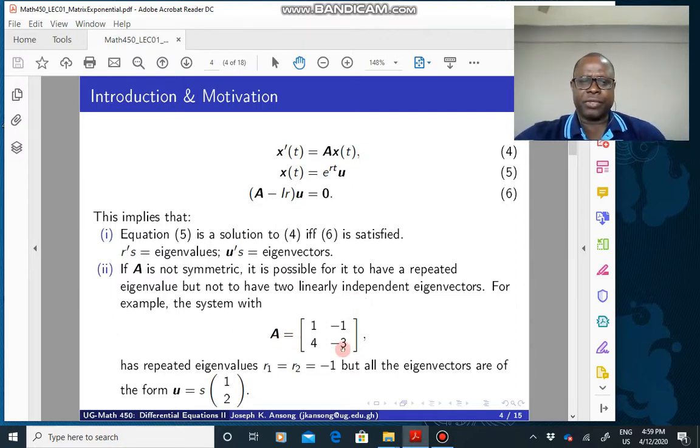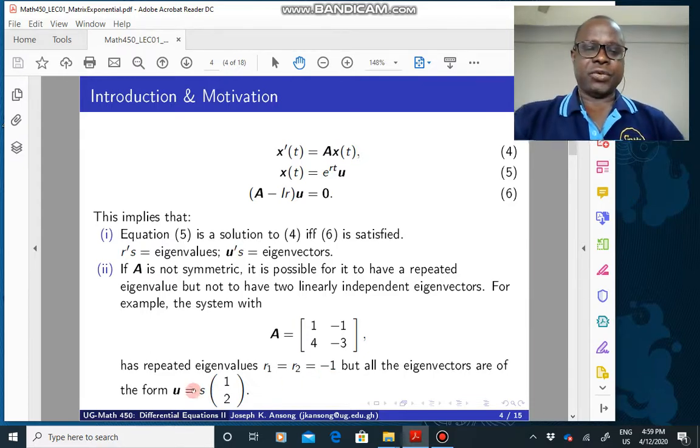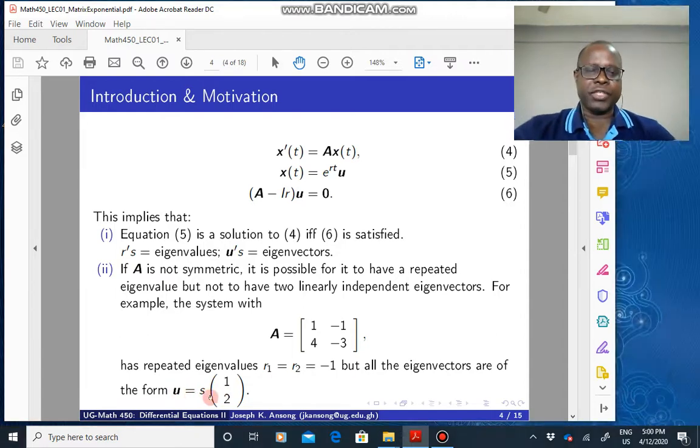For example, for this matrix, you can go through the procedure of finding the eigenvalues. You find that the eigenvalue is repeated, -1, but if you find the corresponding eigenvectors, you only get eigenvectors of this form: u equals s times (1, 2). So the eigenvectors are not linearly independent.